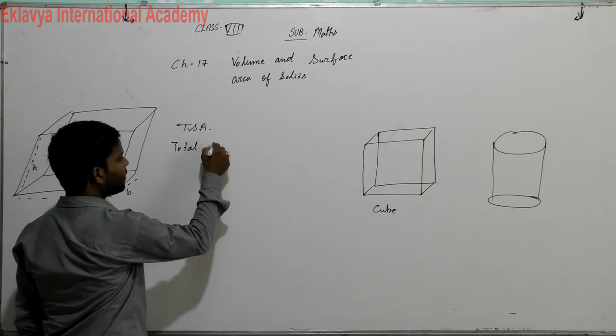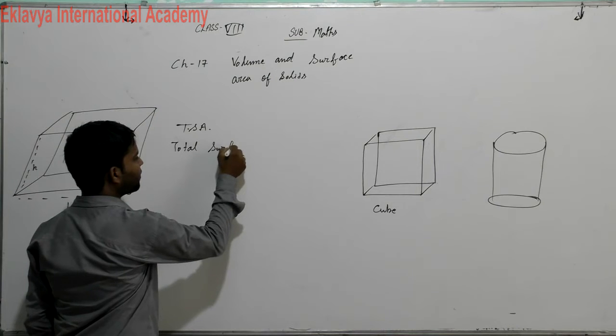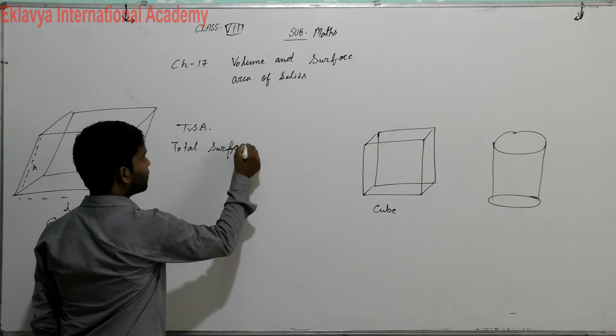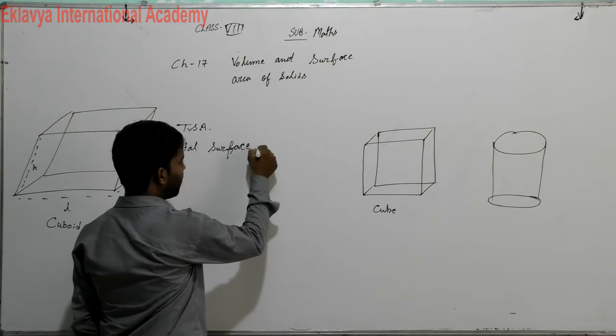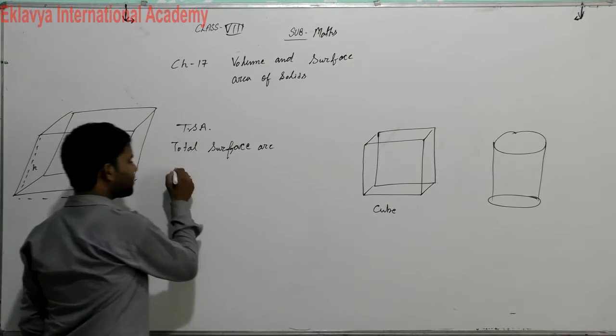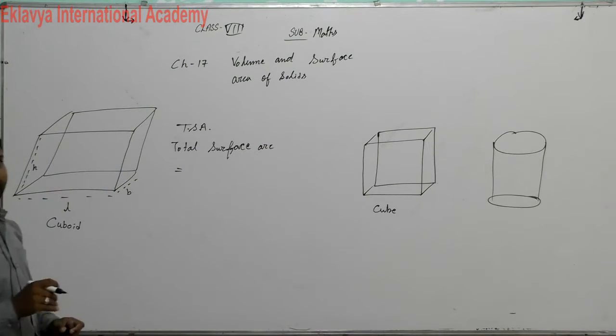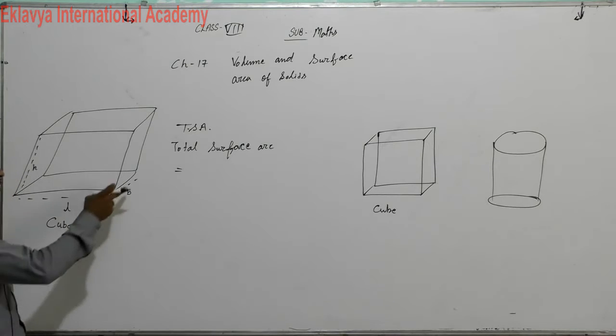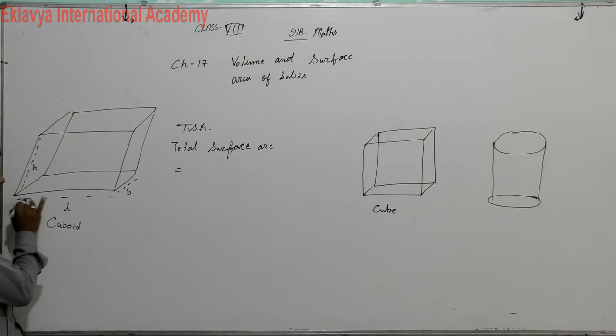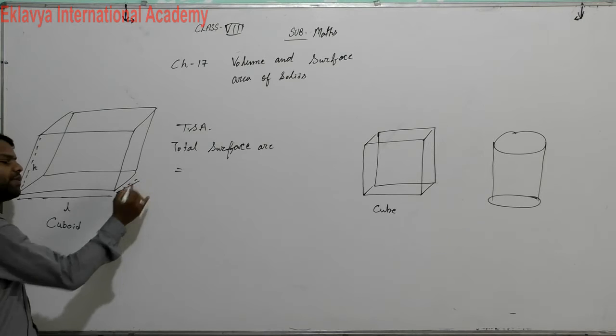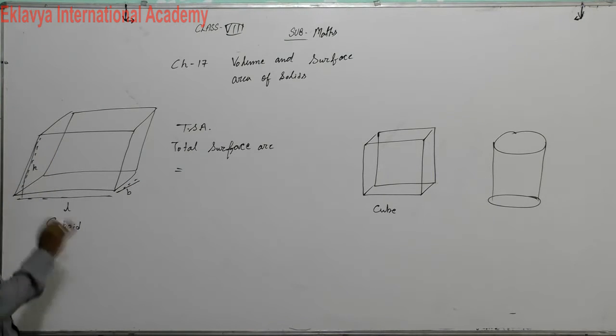We write total surface area. First we will read about the cuboid. The cuboid has 3 dimensions: one is length, second is breadth and third is height.